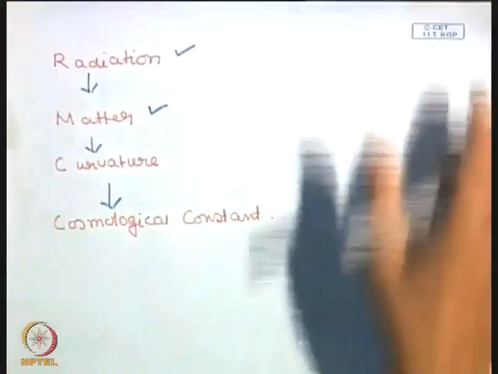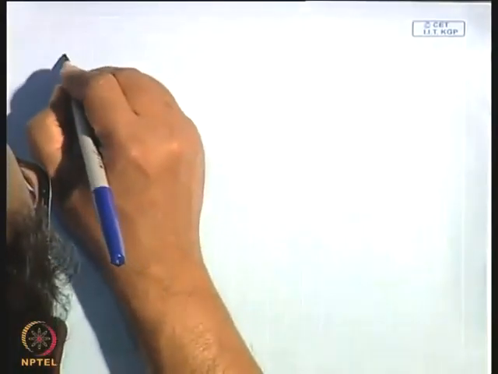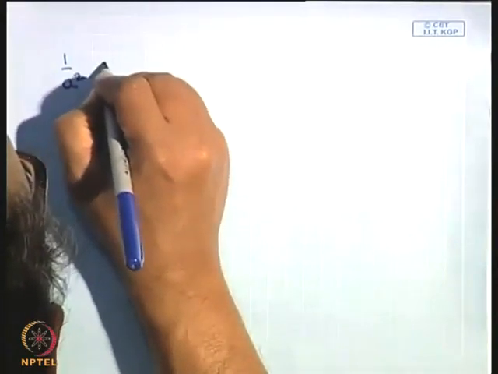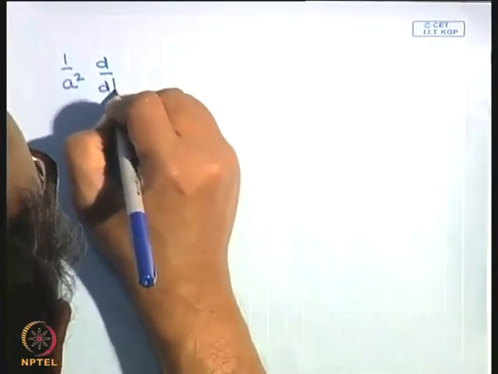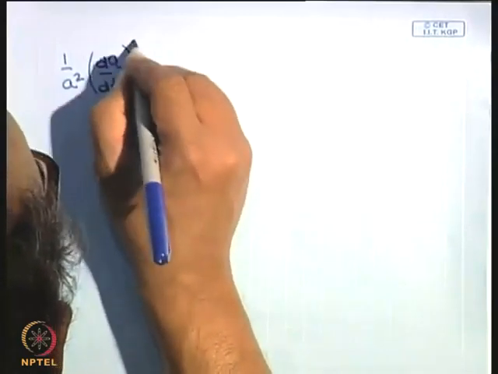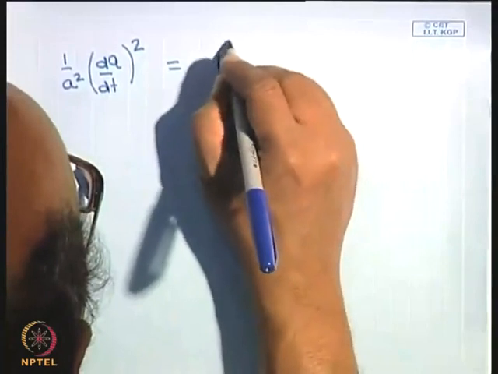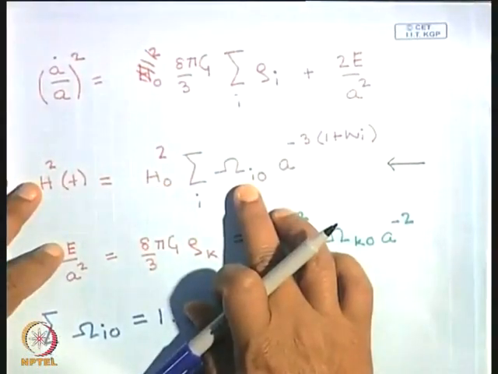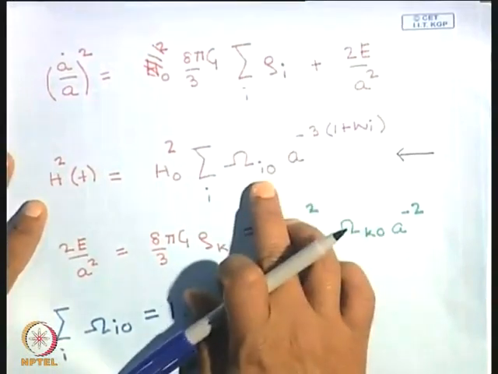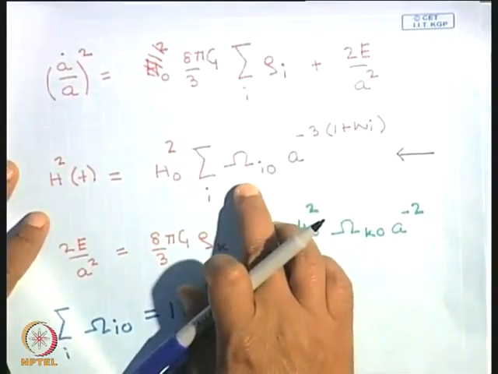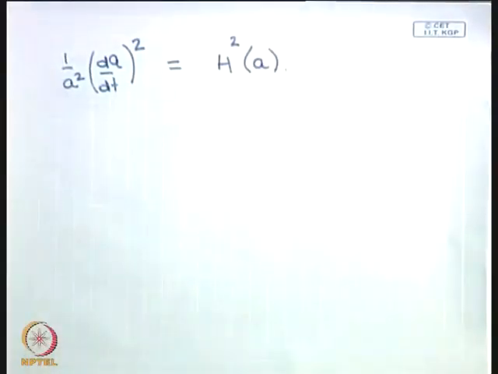Okay, so we have the dynamics of the equation, we have integrated it once, and the final equation that we obtain is (1/a^2)(da/dt)^2 = H^2(a), where H^2(a) is a known function depending on the different constituents of the universe, depending on the values of the different omega i's. It is a known function. Okay, so this is the equation that you have to integrate, and this equation is easy to integrate.